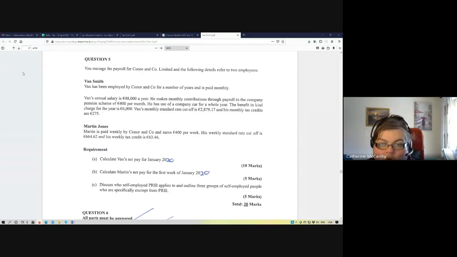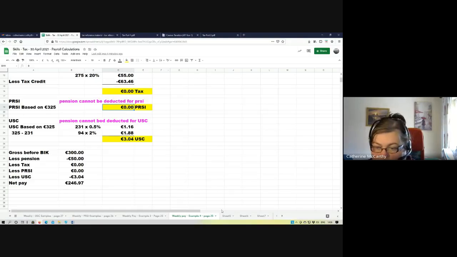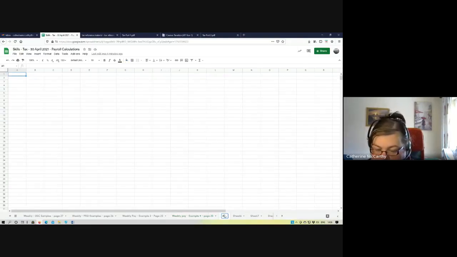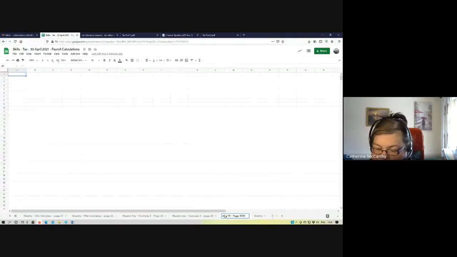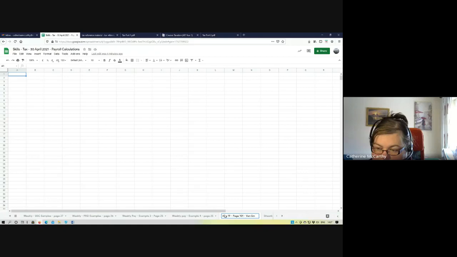Okay, so even though we're given the annualized figure, remember we are asked to do the net pay for 1 month for the month of January. So we'll just divide them down and get the monthly ones for them. Okay, so this is August 2019, page 101, and that is Van Smith.